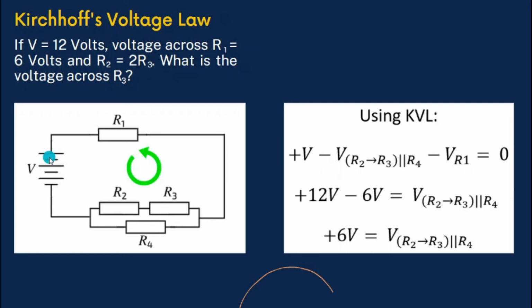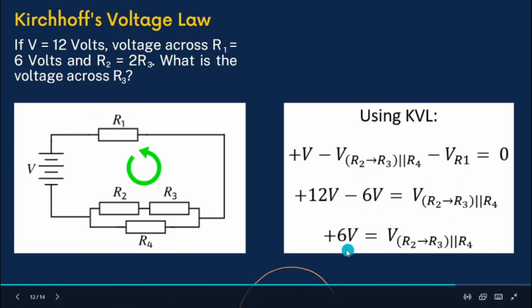Plus V minus V across R2 series with R3 parallel with R4, minus VR1 is equal to 0. So this is 12. VR1 is 6 volts. We transfer to the other side, so it becomes positive. 12 minus 6 is positive 6 volts. That is the value of this voltage over here.